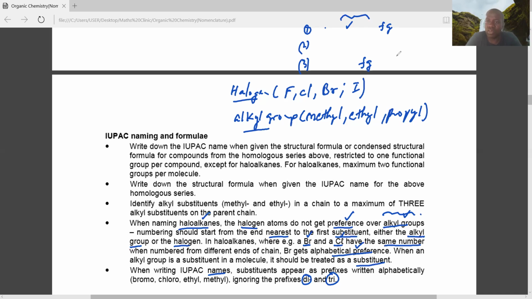So you give priority to a functional group, followed by branch. But if you're dealing with halo-alkanes, halogen atoms do not get preference over alkyl groups. Numbering should start from the end nearest to the first substituent, either alkyl group or halogen. This condition is for halo-alkanes. So let's now go through the examples.